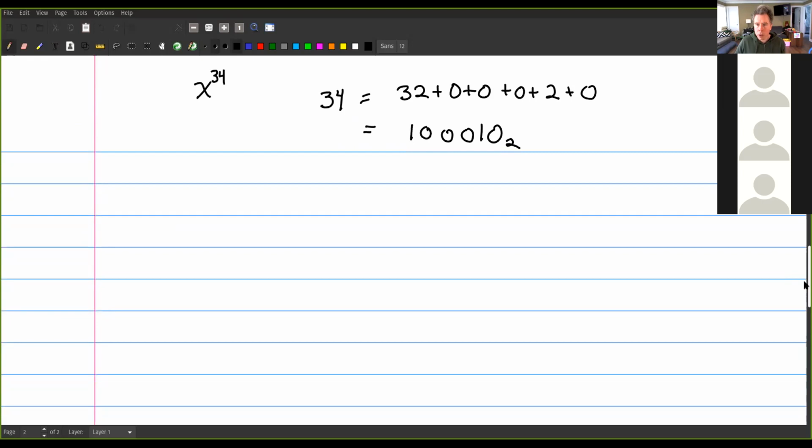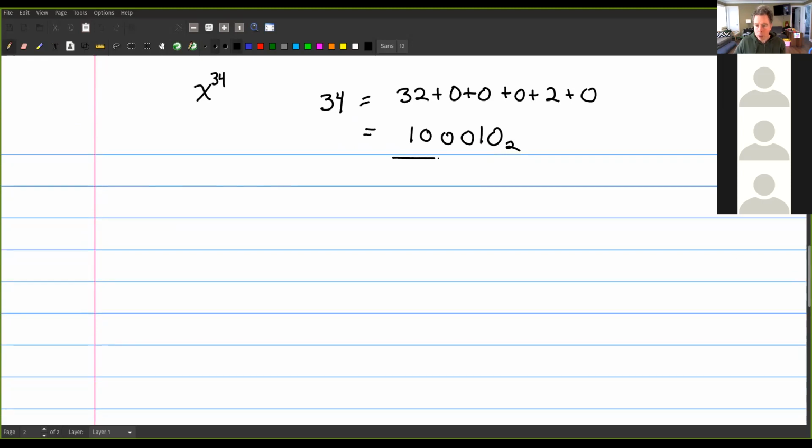So the square and multiply algorithm operates by having a binary expansion of the exponent. So you have to do that. And then I'm going to make a little table here. So here's the exponent in binary, and here's the power of x.